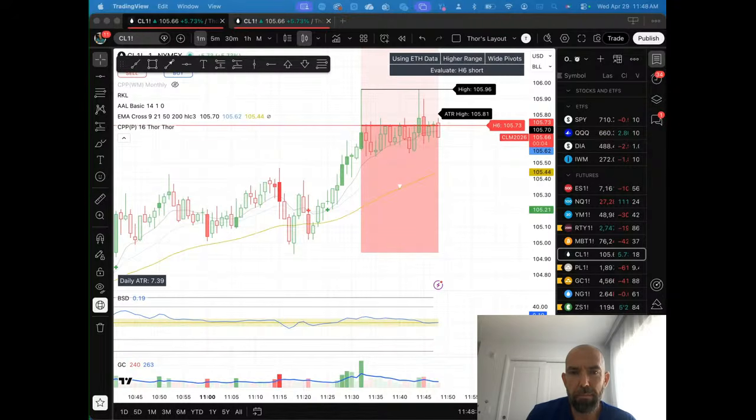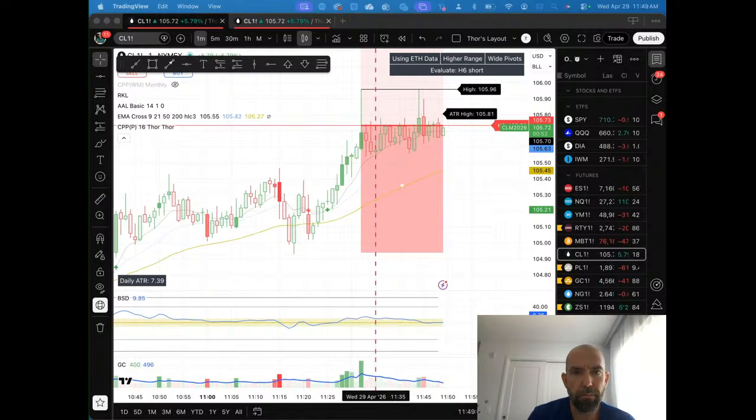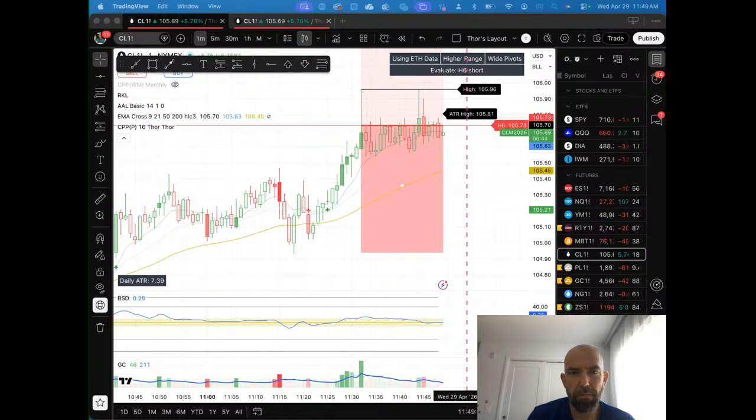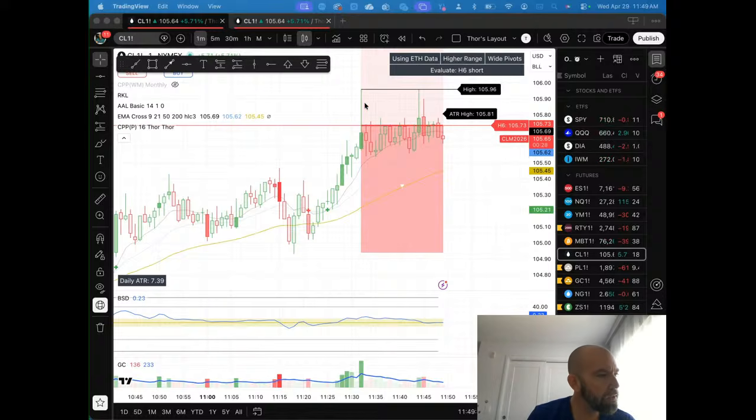Maybe both sell at the same time. It's possible. Toppy, it's got lots of wicks.